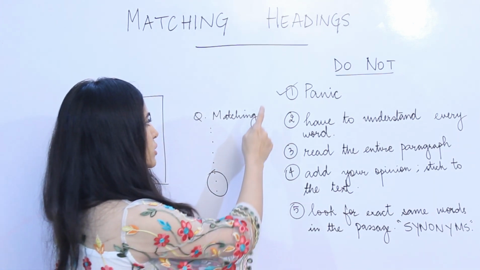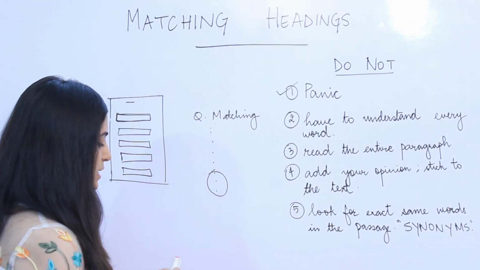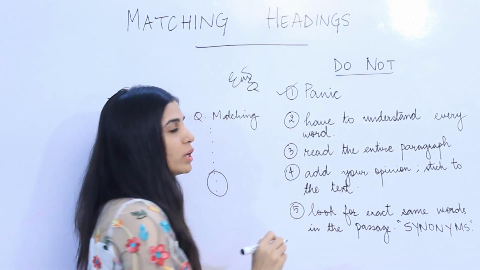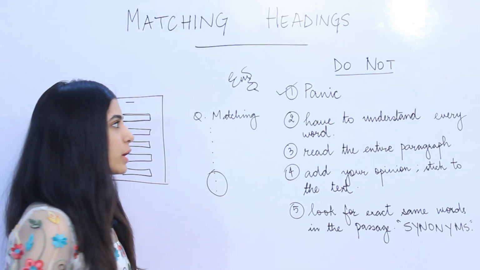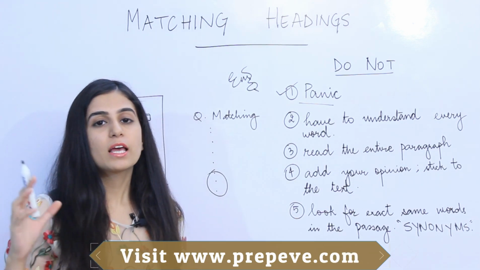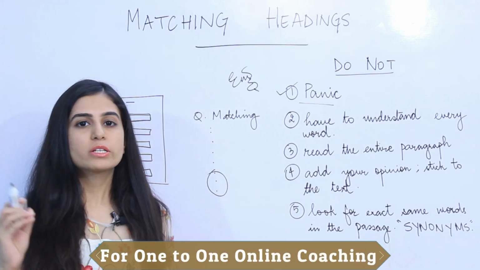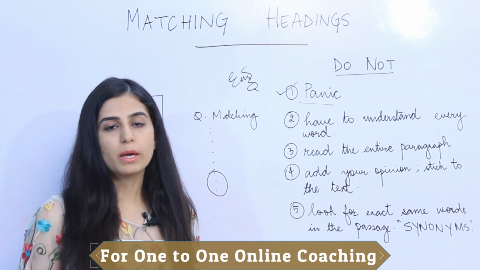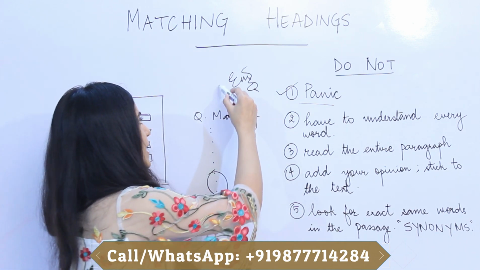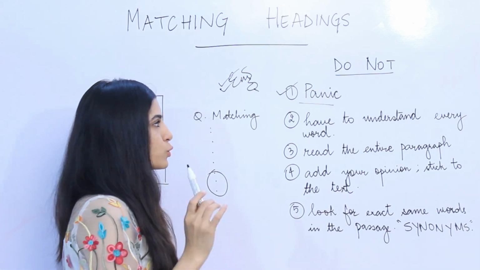You have to make sure that you do not panic in any case, because this particular test is assessing your English and not your knowledge pertaining to that particular topic. So do not panic if you're not aware of the particular topic that is given to you as your test in your reading section. Instead, just read it casually, and I'm sure you will be able to understand whatever the topic is talking about. So it's the test of your reading skills and not your knowledge. So make sure you don't panic.